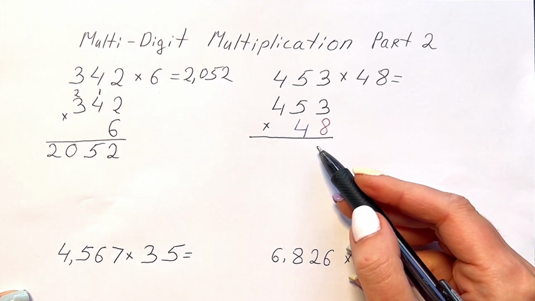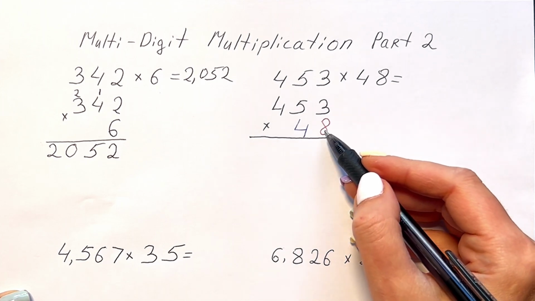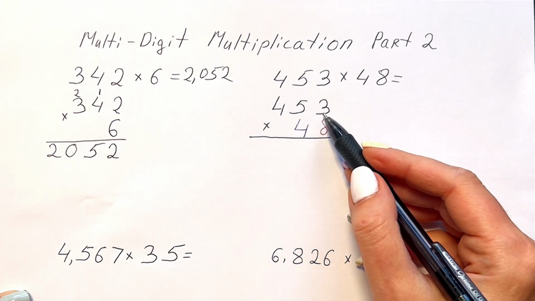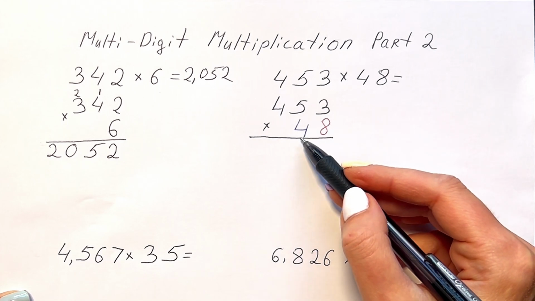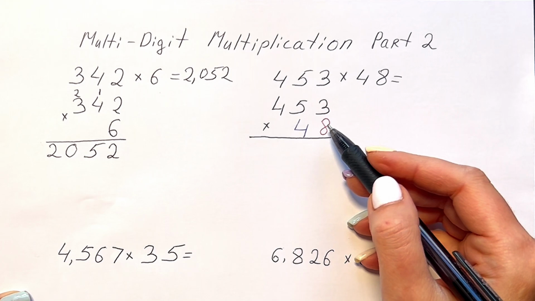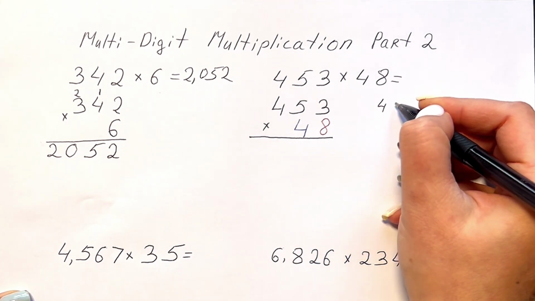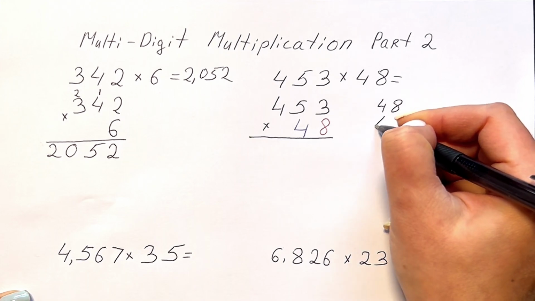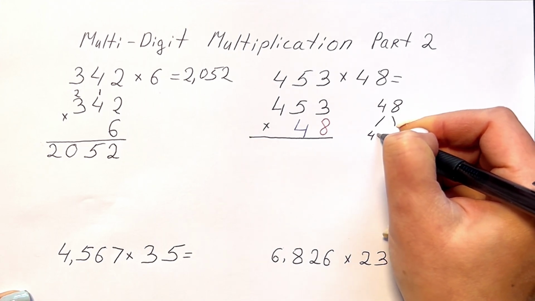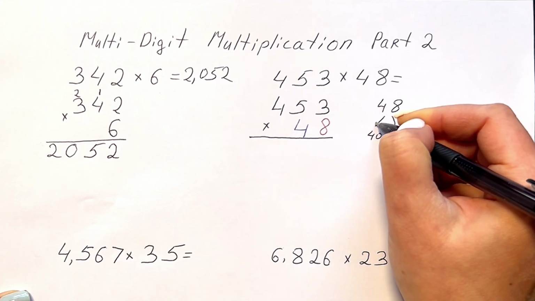Okay. When the bottom number also has more than one digit, we have to do the same procedure we learned for each bottom digit. So we will multiply 8 by 453, then we will multiply 4 by 453. What I would like to do is separate 48 into 40 and 8. 48 is equal to 40 plus 8.